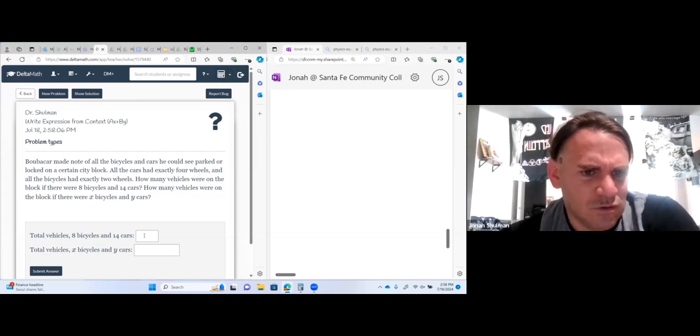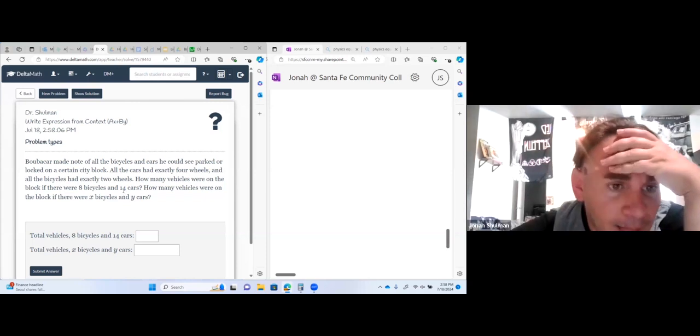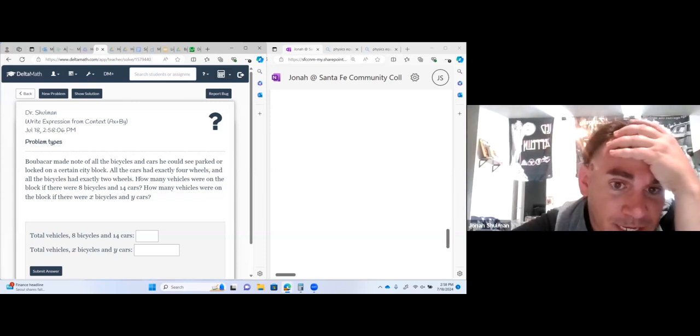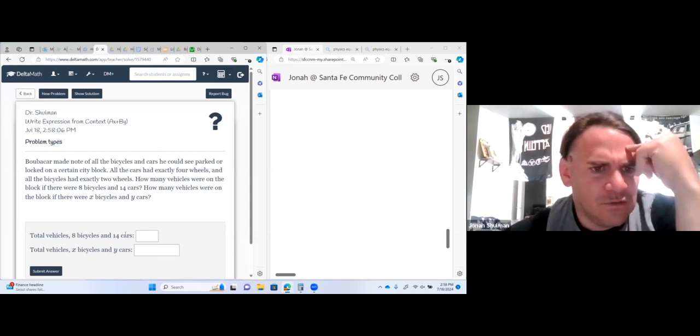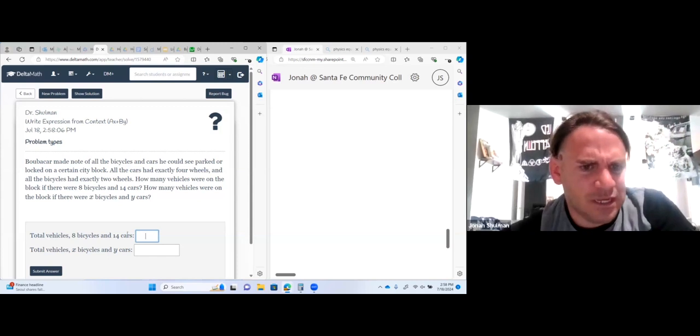All right, so the total vehicles, if all the cars had exactly 4 wheels. Do they want to know the total vehicles or the total wheels? The total vehicles is just 8 plus 14, which is 22.